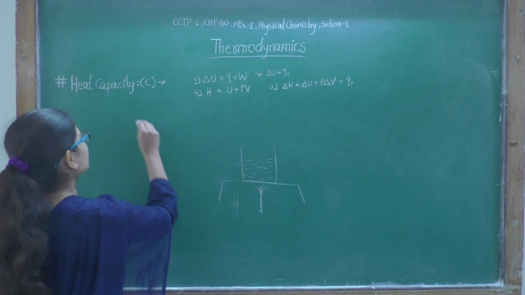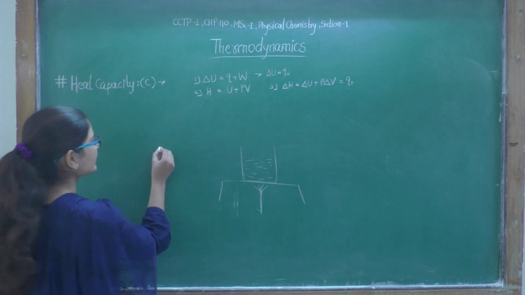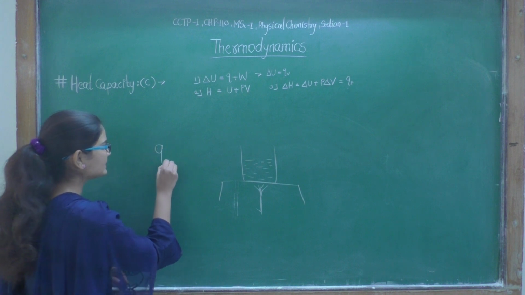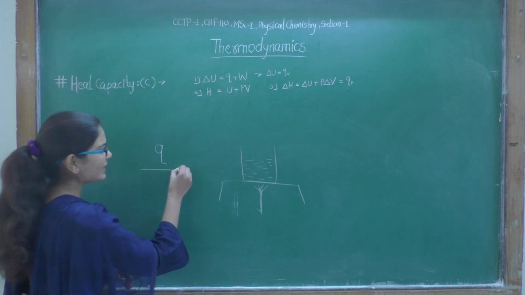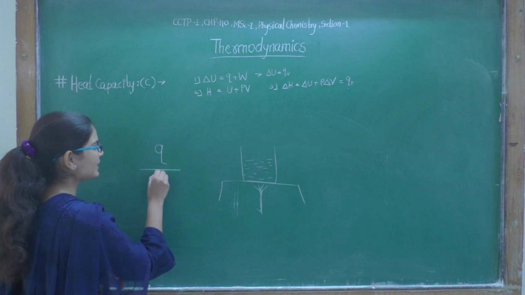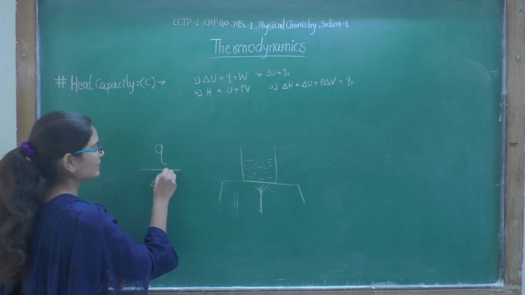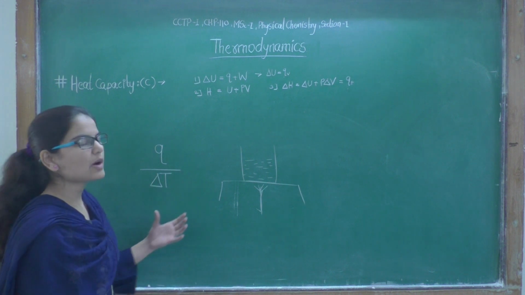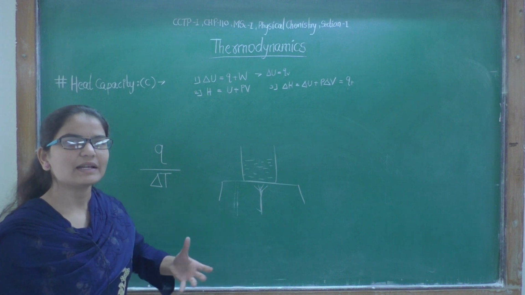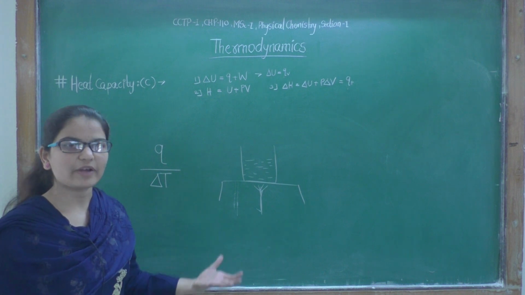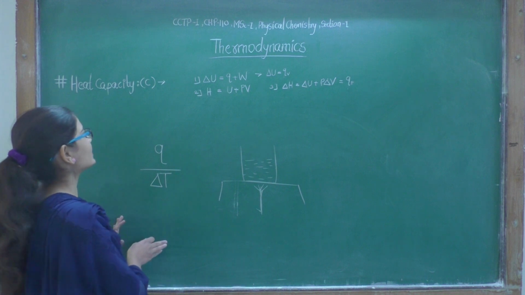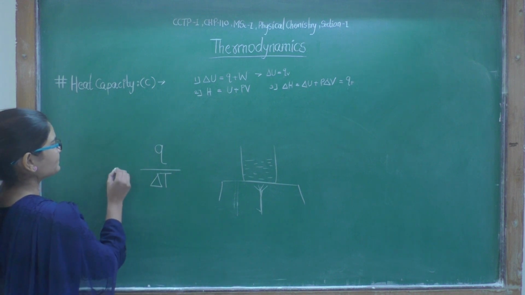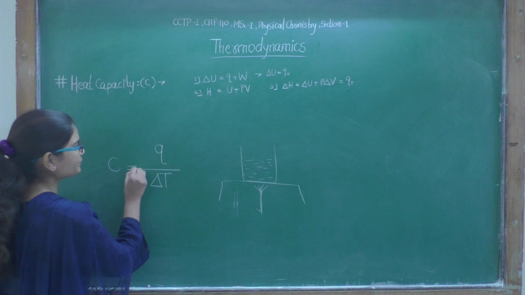And therefore, heat capacity is what? Heat absorbed by the system divided by change in temperature, or the amount of heat required to raise the temperature of the system divided by change in the temperature or rise in temperature. This is denoted by C.